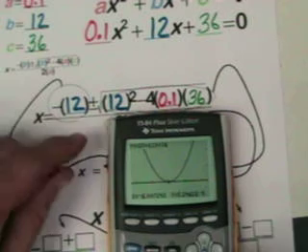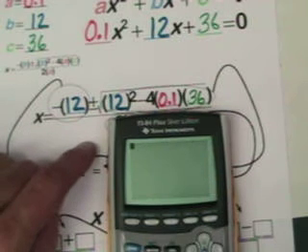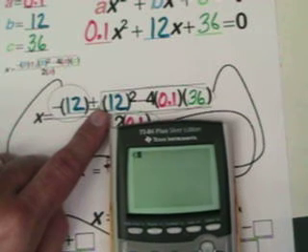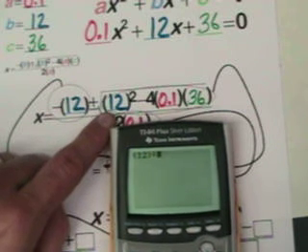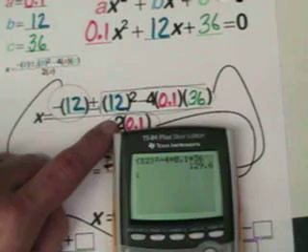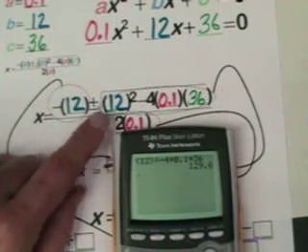Now, let's do this one up here. I remind you that I suggest that you put them in parentheses. Parentheses, let's put 12 squared minus 4 times 0.1 times 36. And you will get 129.6.